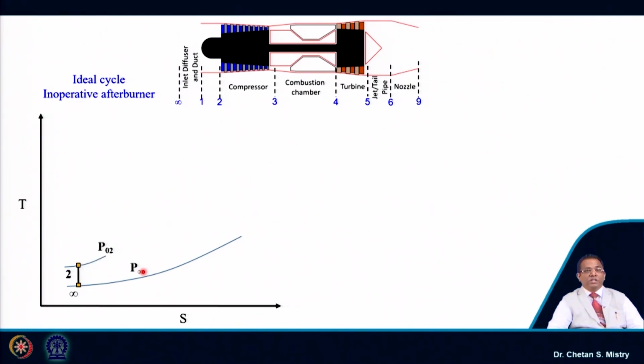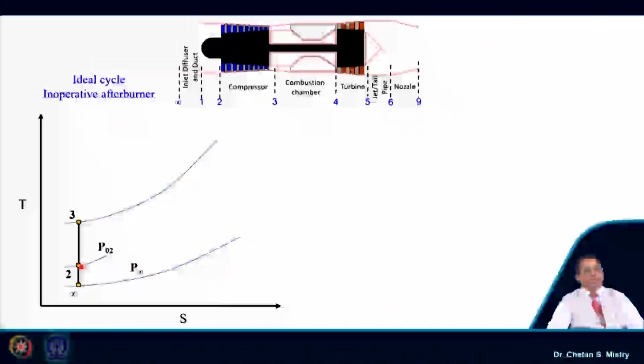The very first process is the intake process, and we assume it to be an isentropic process. Then that air enters our compressor, where the pressure is raised from P02 to P03. At the same time, temperature is also raised from T02 to T03.